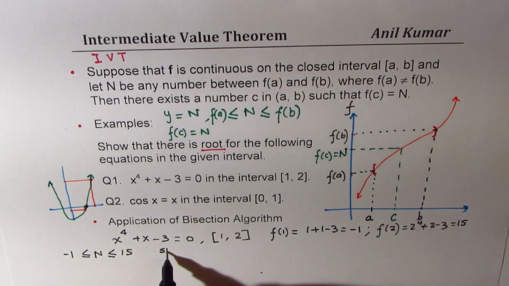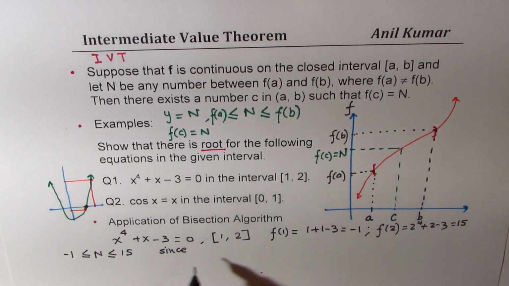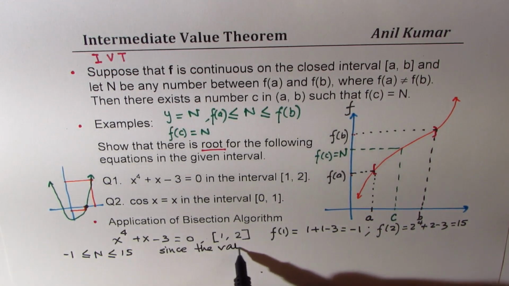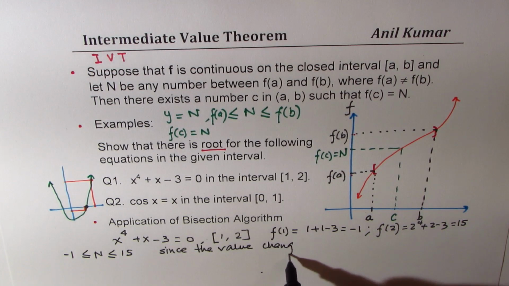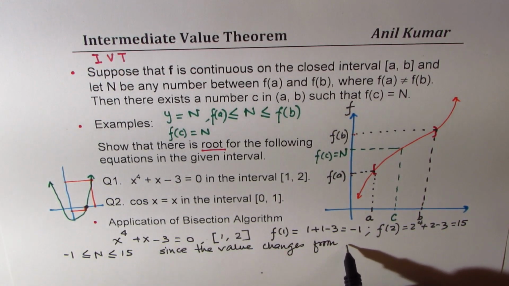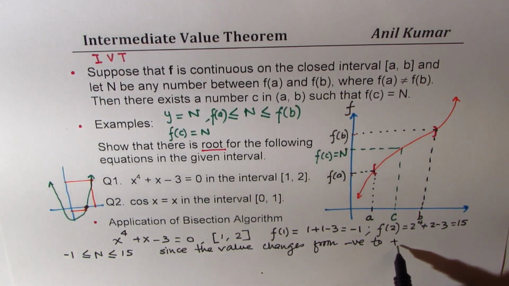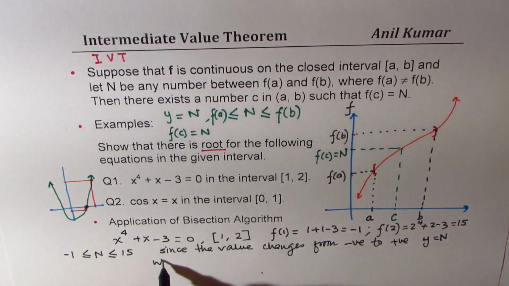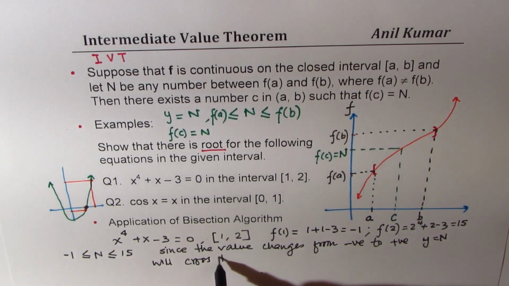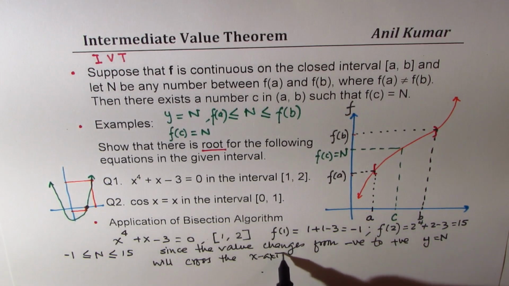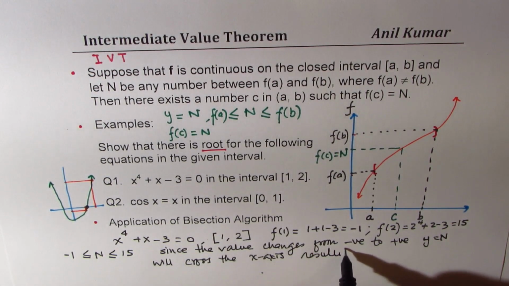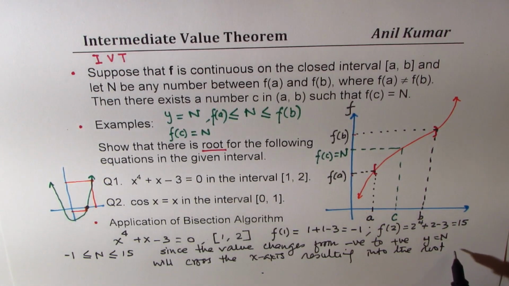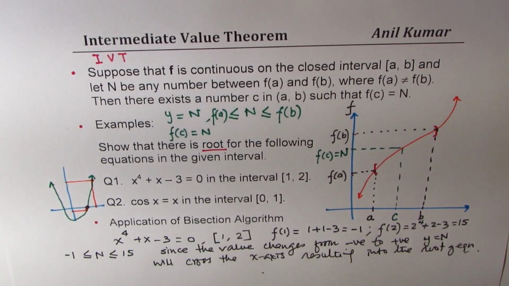Now since the value changes from negative to positive, y equals n will cross the x-axis, resulting into the root of the equation, correct? So that's clear.